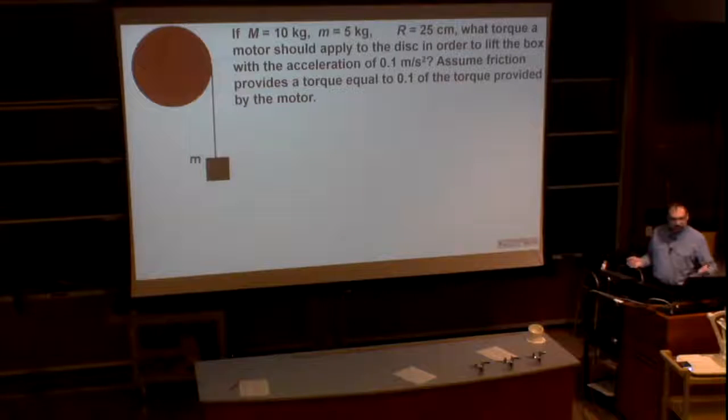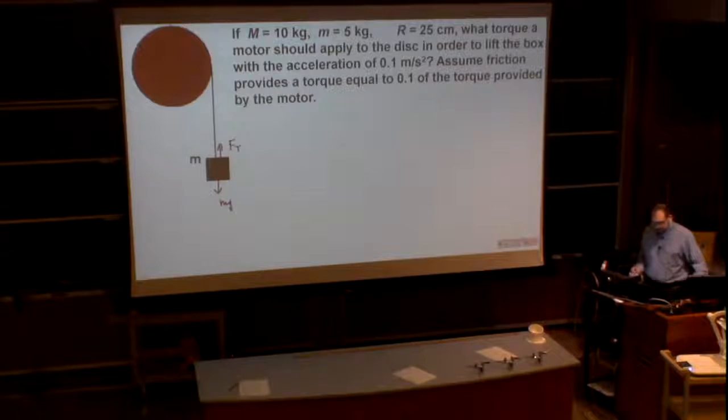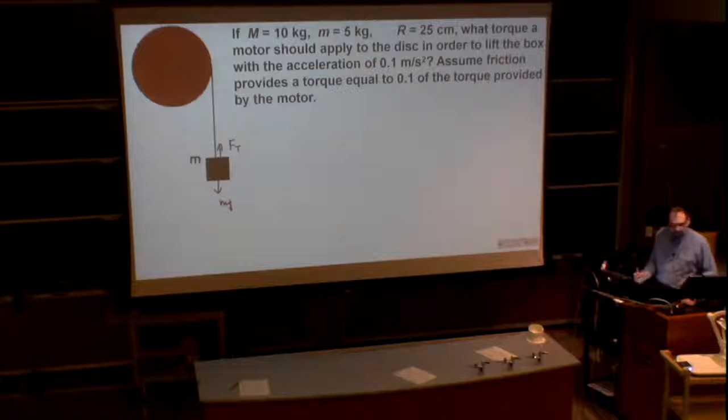So forces: mg, F tension. Done with the weight. Here, forces and torques acting on the disk. And again, there is force of gravity and a normal force, which don't really matter.